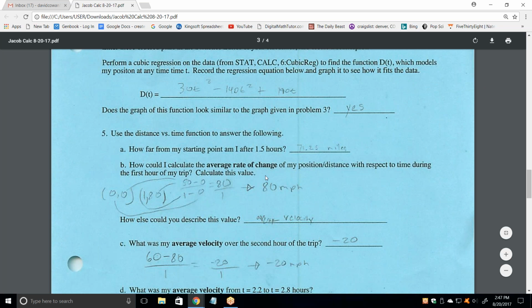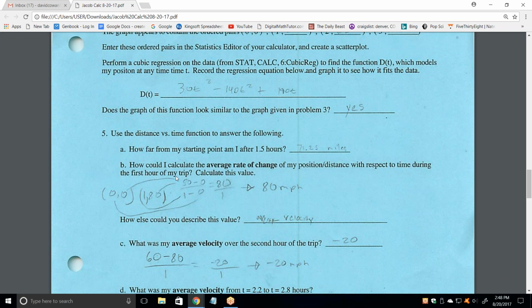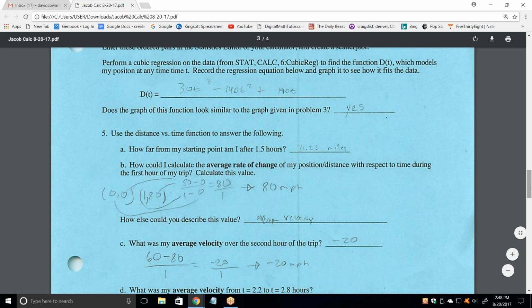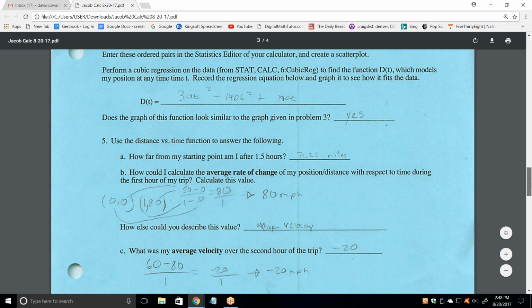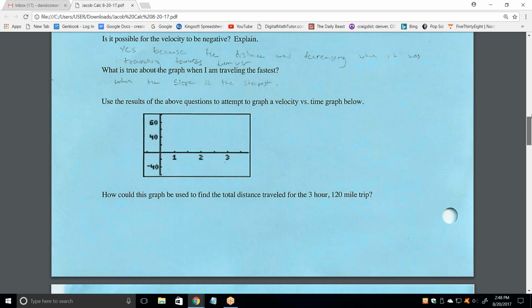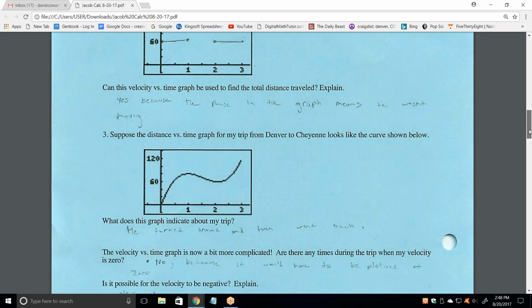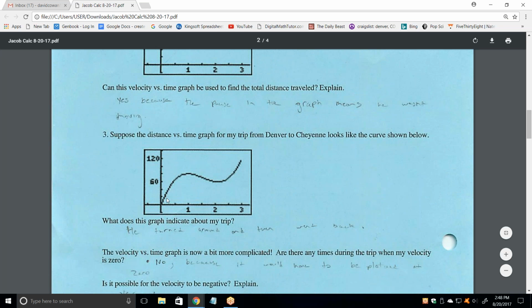How could I calculate the average rate of change of my position with respect to time during the first hour of my trip? Well, you got it right. I'm going to calculate the rise over run from here to there. Well, how far do I go?